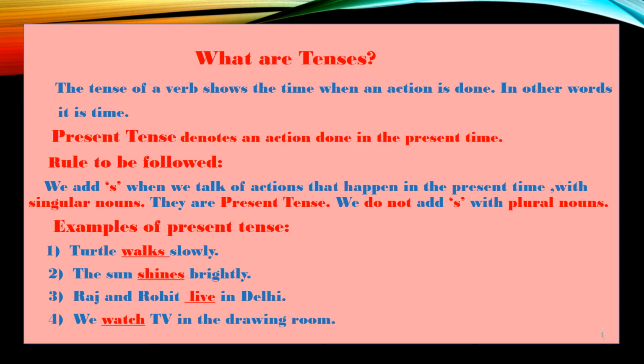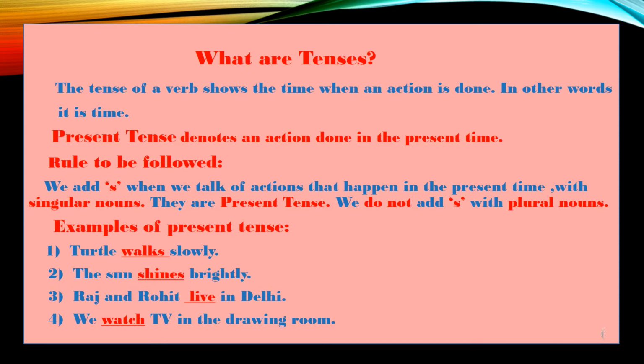This means that children, when you are talking of a singular noun or a single noun, then when you write your sentence with the action word or with the verb, you have to add s. But if you are talking of more than one noun, then you do not add s. Never mind, don't get confused. I am giving you examples and I'm going to explain to you also.